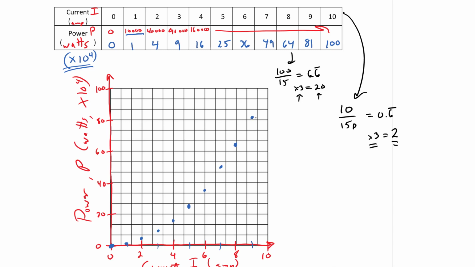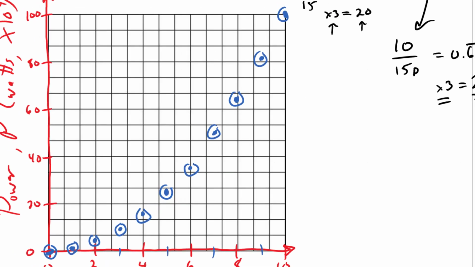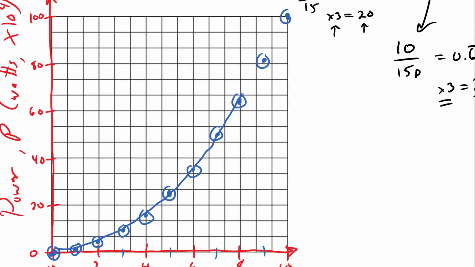And lastly, 10 and 100. Put your circles around there to indicate where those data points are. Then connect it with a nice smooth curve.